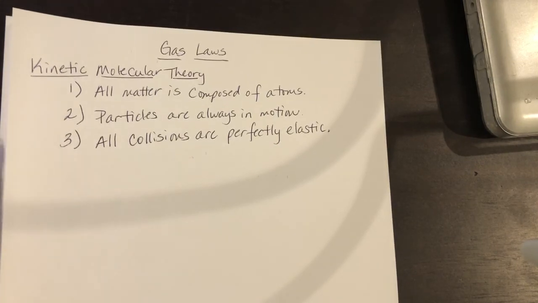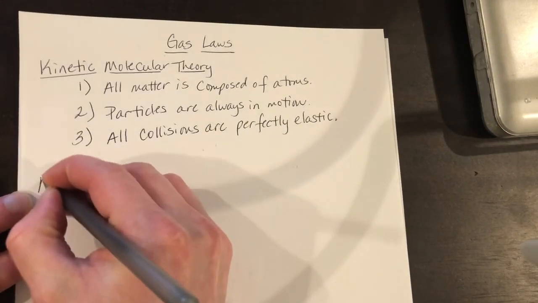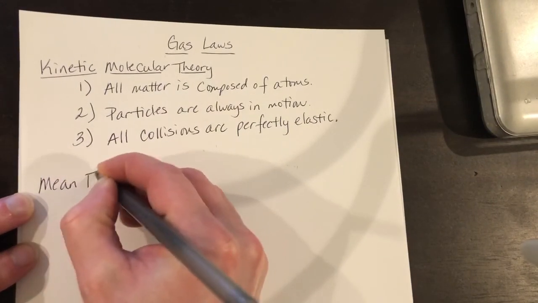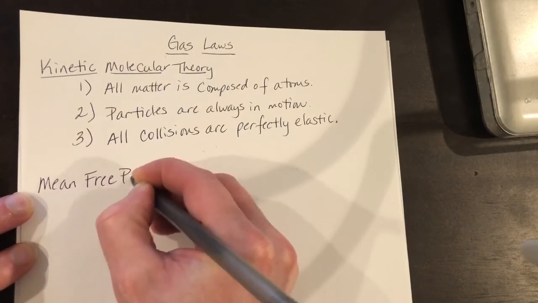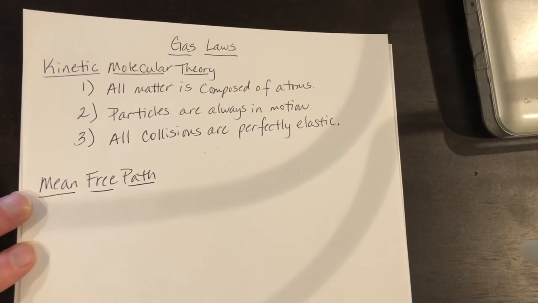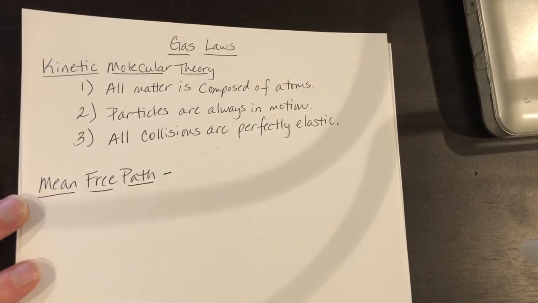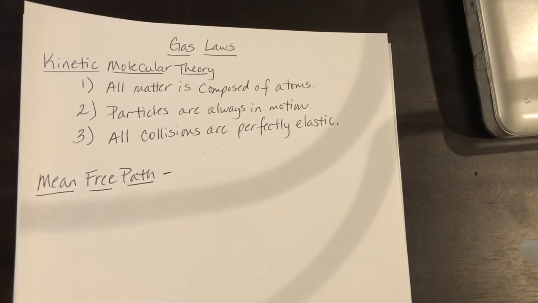Okay, the next thing, a little vocab word you're going to hear is something called a mean free path. Okay, the word mean for math means average. So if we're talking about the mean value theorem, it's the average rate of change.